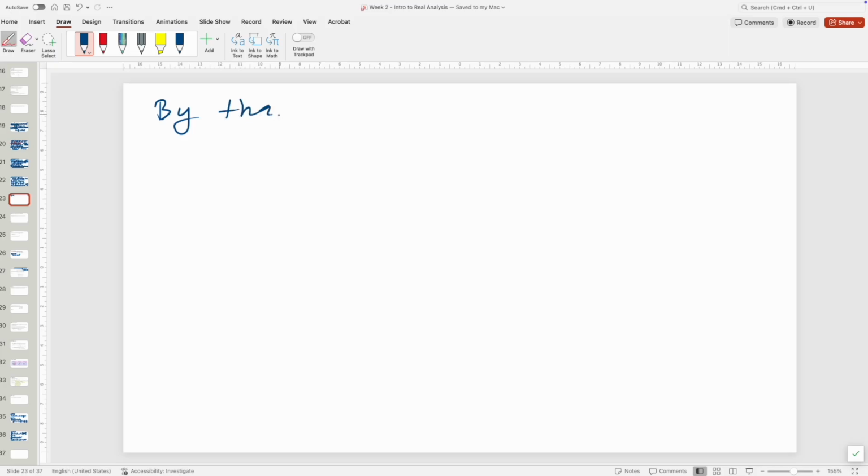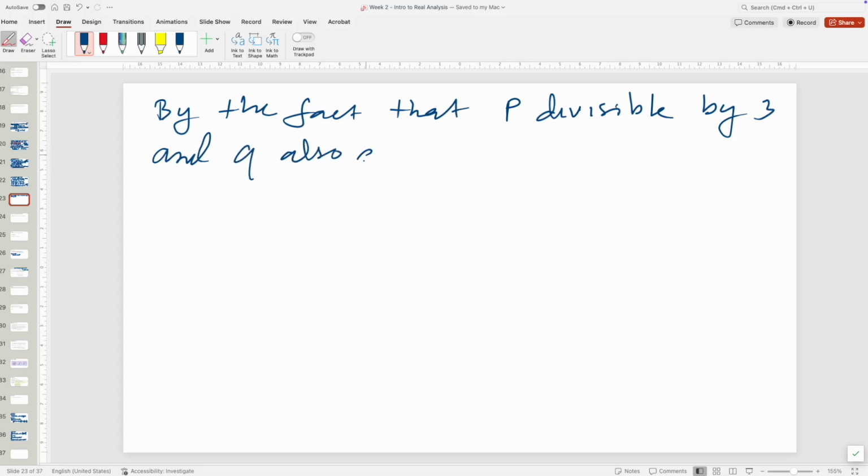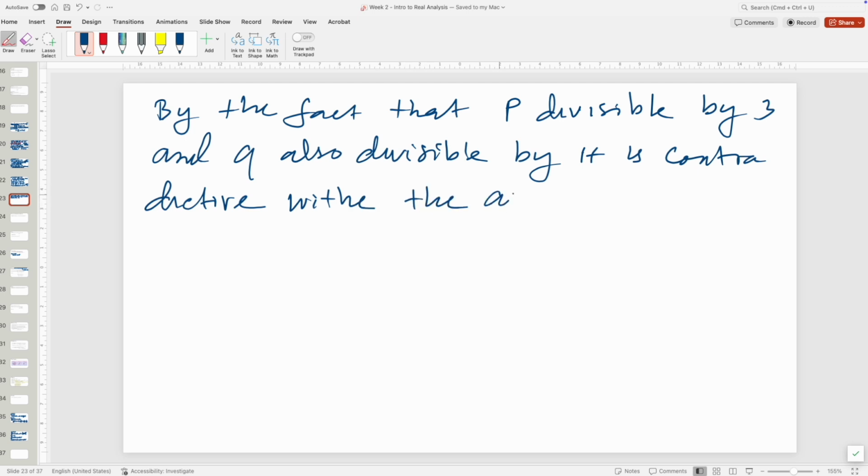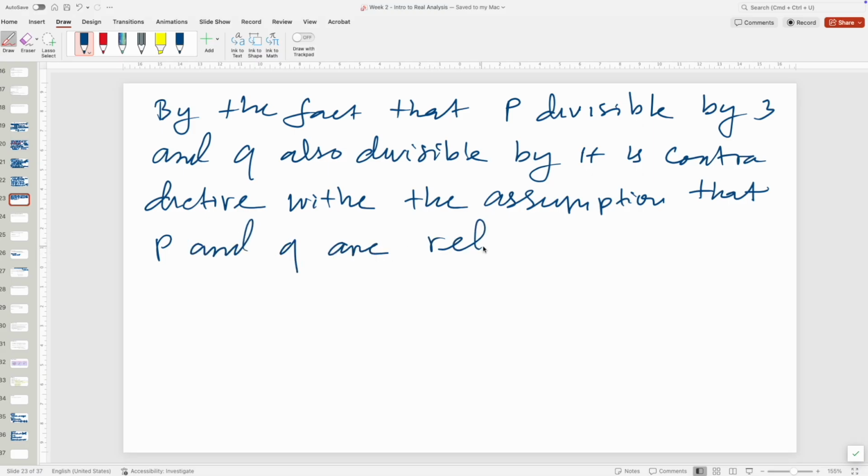By the fact that p is divisible by 3 and q is also divisible by 3, it contradicts the assumption that p and q are relatively prime. Okay? So it completes the proof.